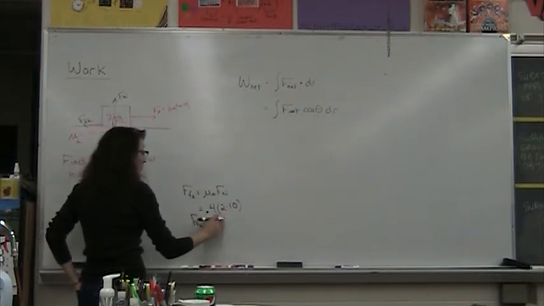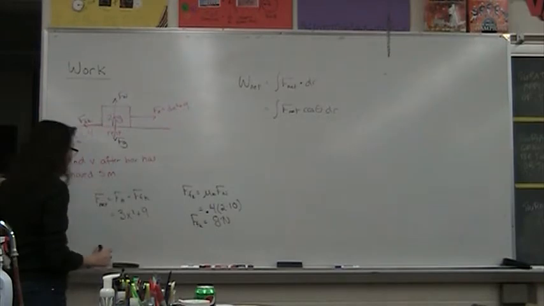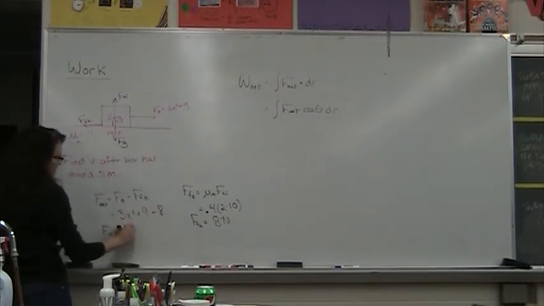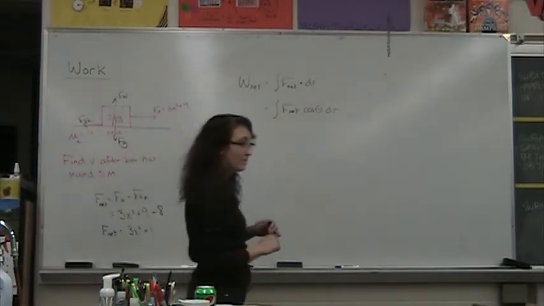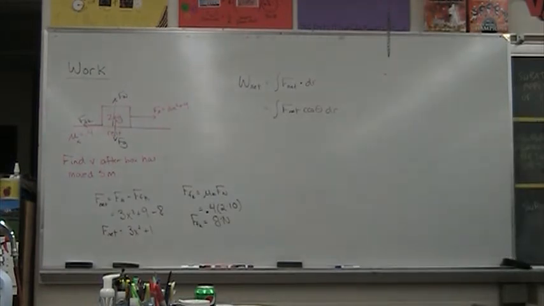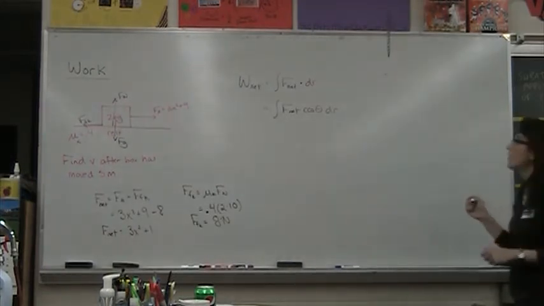8. I'm going to write joules by accident for a second. So what's our net force? 3x squared plus 1, right? I'll let you catch up. Now that that's our net force, the direction for cosine is going to be 0.